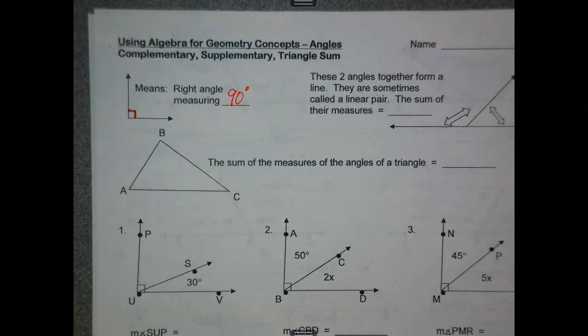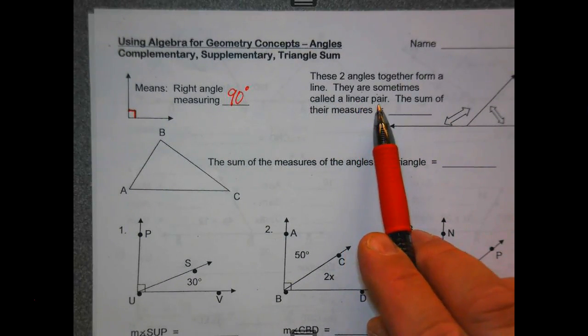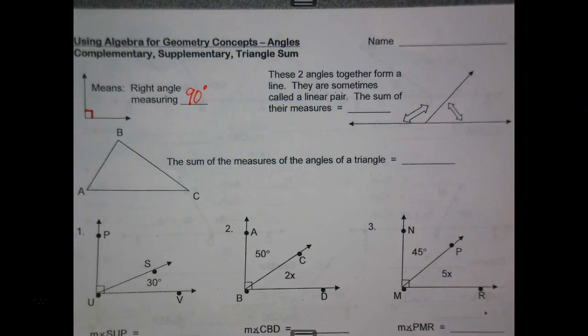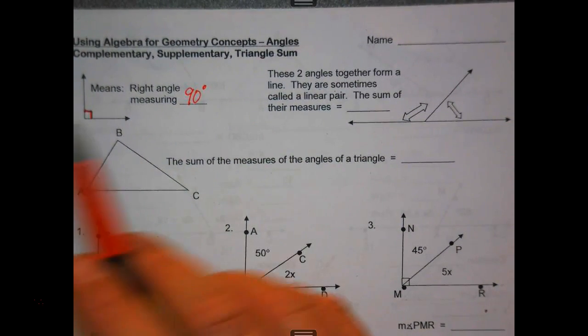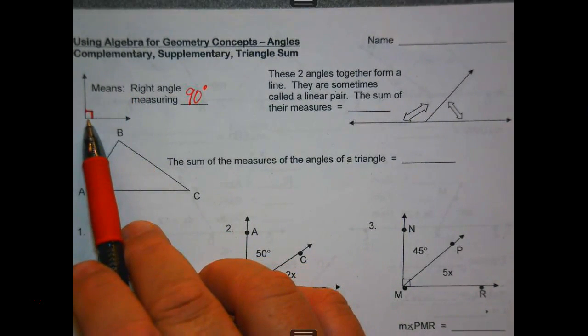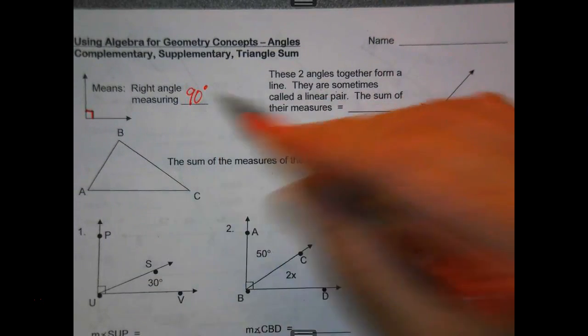If two angles together form a line, it's called a linear pair. What's the sum of these two angles? If this is 90 degrees and I have another angle, 180, twice that.